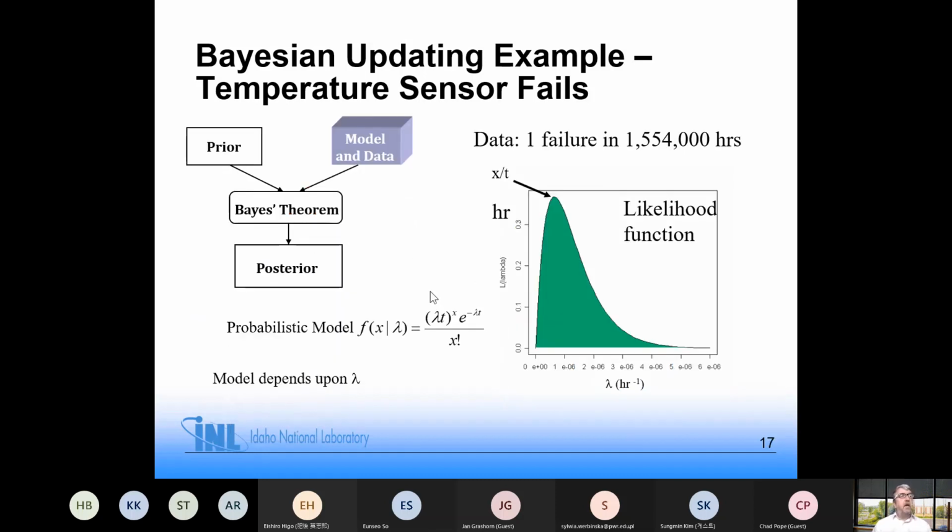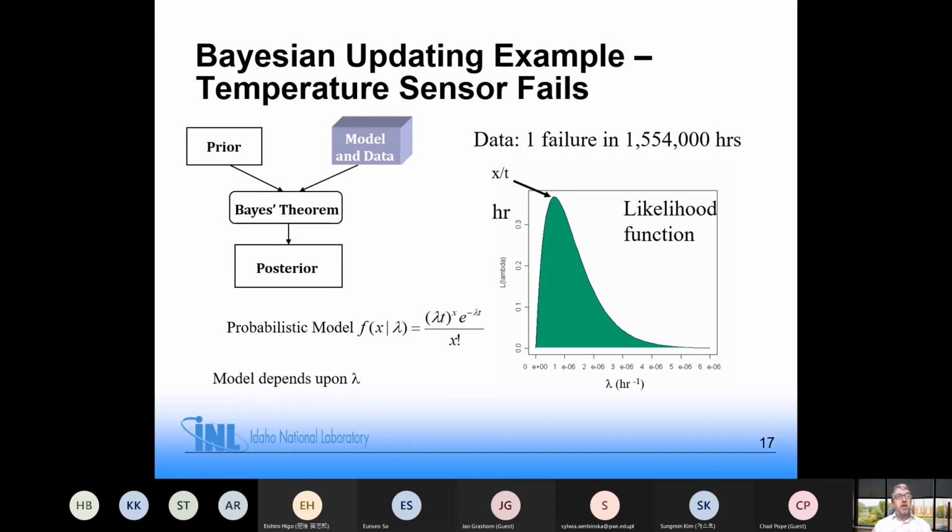I need to have then a model and the data that go into that model related to temperature sensors. So I put the prior aside for a second. I now pick up what is going to be the model for this. So the probabilistic model that I'm going to use in this example is going to be some kind of failure occurrence over time.